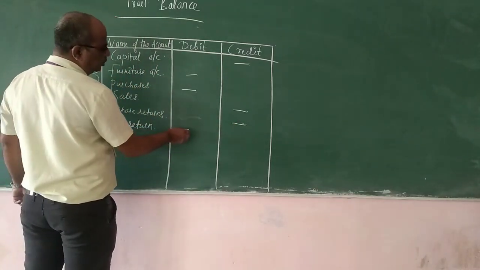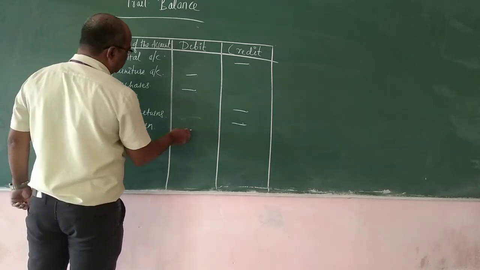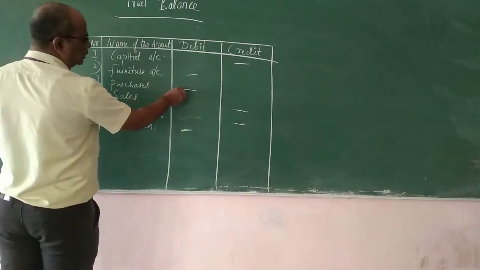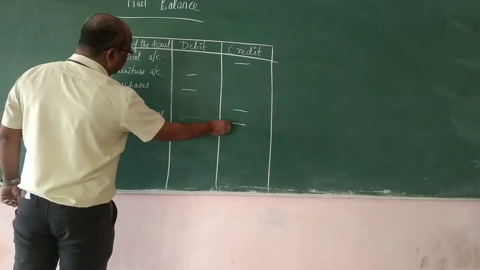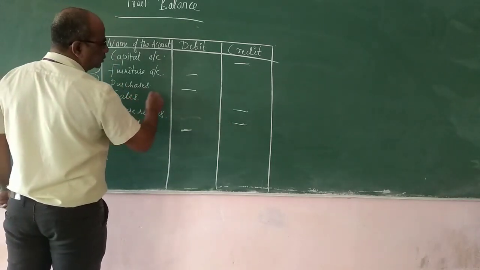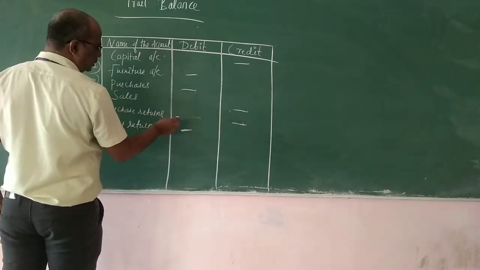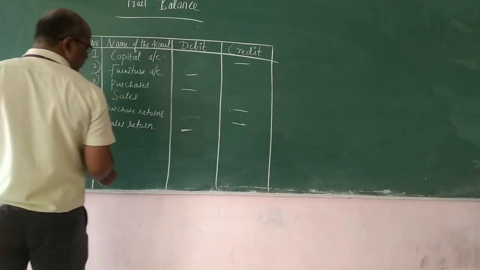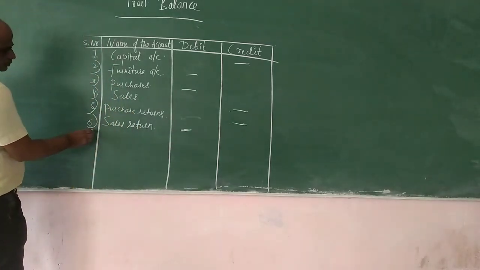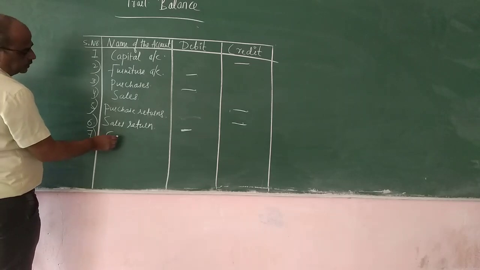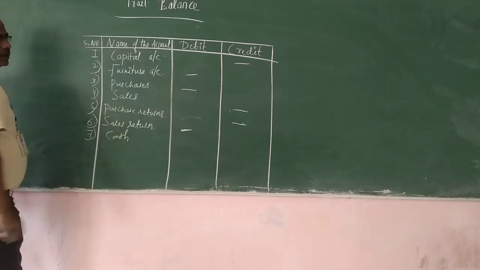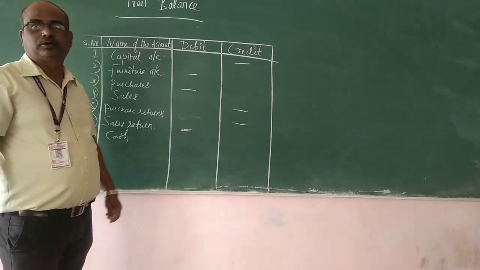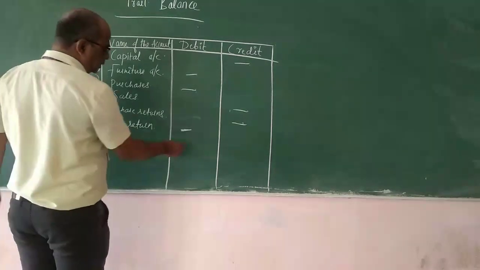Sales return will always be debited. It is the opposite: purchase is on the debit side, so purchase return will be on the credit side. Sales is on the credit side, so sales return will be on the debit side. Next, cash. Cash is an asset, so it will always be on the debit side.